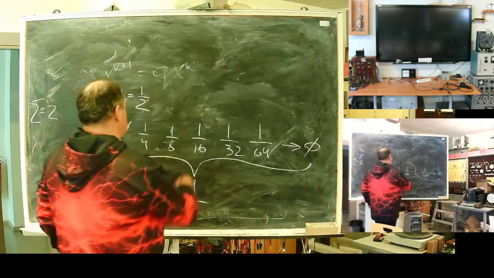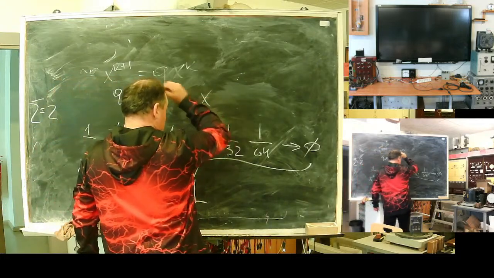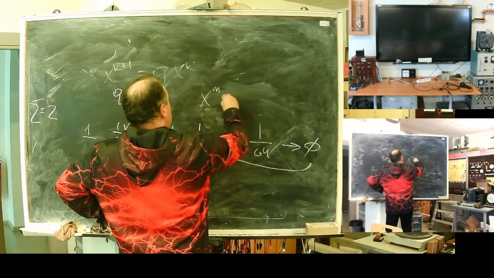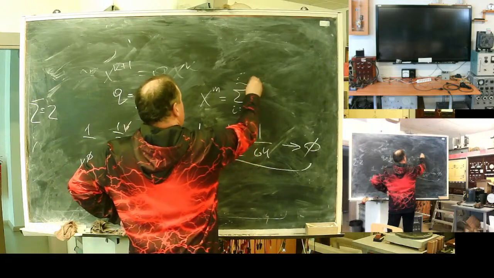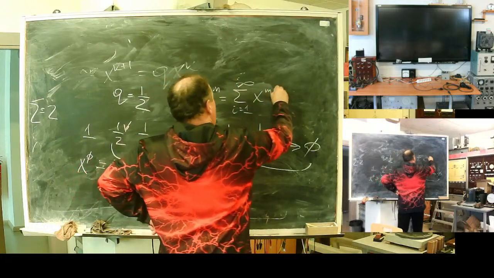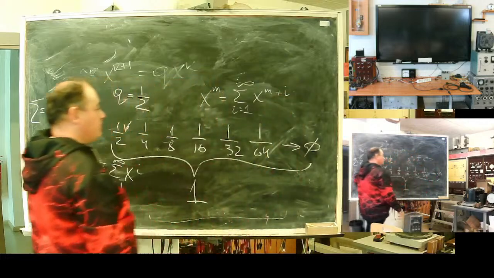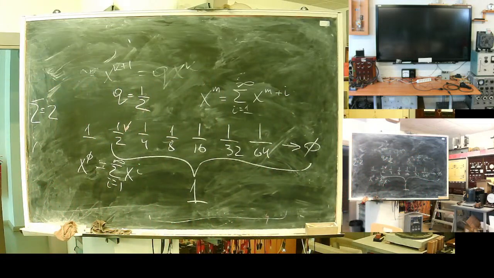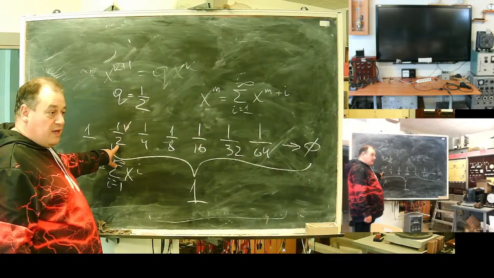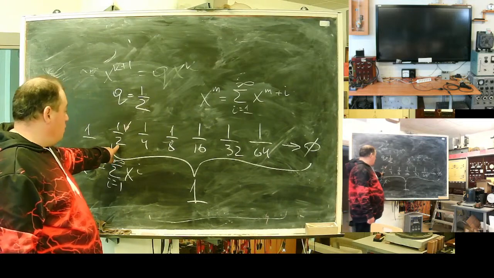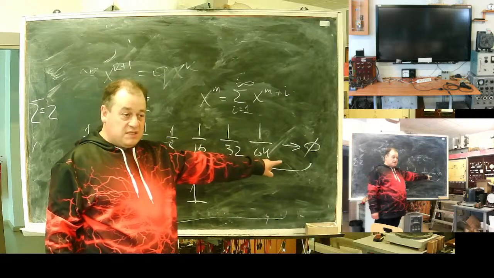For this progression, let's say x_m equals the sum over i from 1 to infinity of x_{m+i}. You see? It's an edge of convergence. Here, if I take this one, it's not less than the sum of all the others.